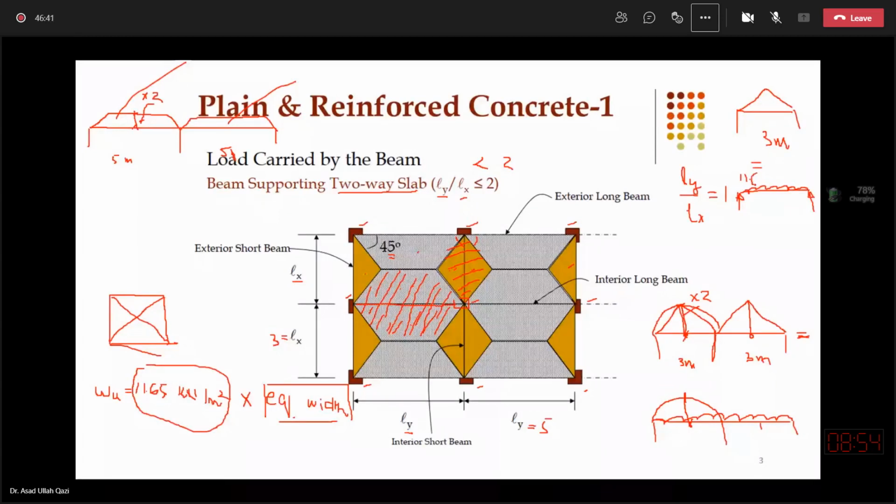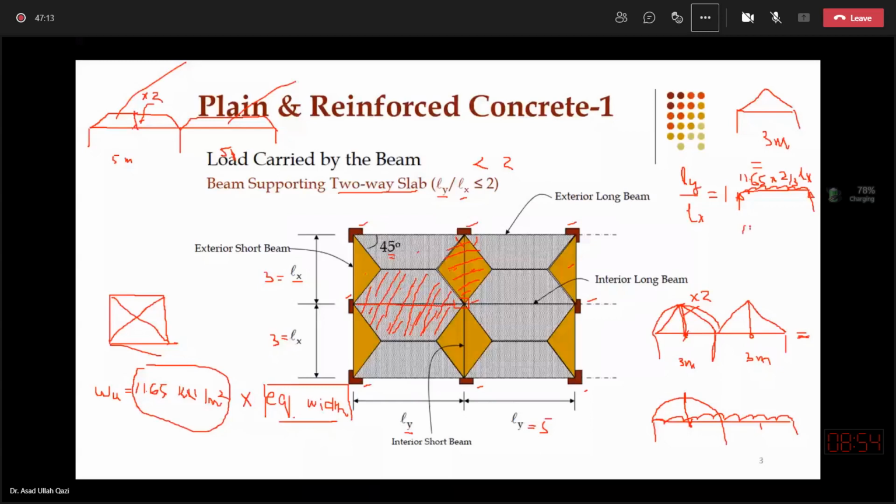and LX here is 3 meter for this slab system, because in a slab system the shorter span is always denoted with L subscript X and the longer with L subscript Y. So 2 by 3 LX means 2 by 3 into 3. So the result will be 11.65 into 2.